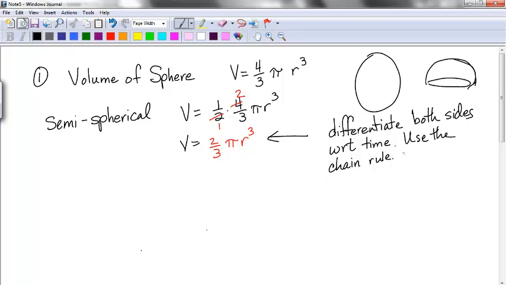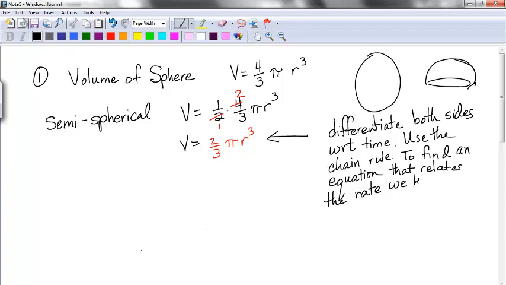And the idea is to find an equation, use the chain rule to find an equation that relates the rate we know to the rate we want to know.